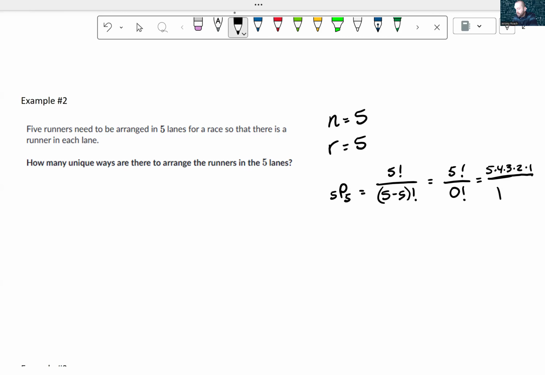When you're typing this into a calculator on the computer, you can always just write the exclamation point. It should give you the factorial answer. And so our final answer is going to be 120. So there's 120 different ways to arrange the 5 different runners in the 5 lanes.